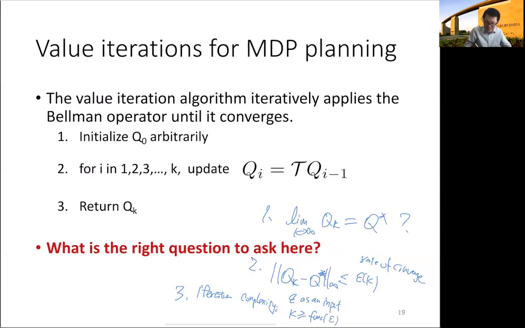So if we take epsilon as an input, this is the number of iterations that I can set in this algorithm to obtain an epsilon-optimal solution. It's the flip side of the previous question.